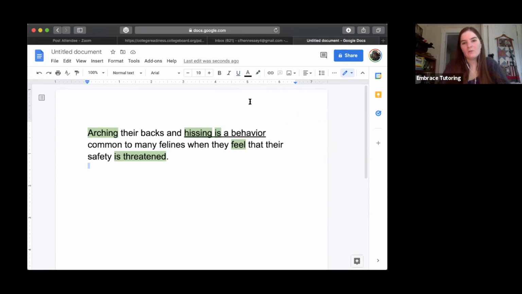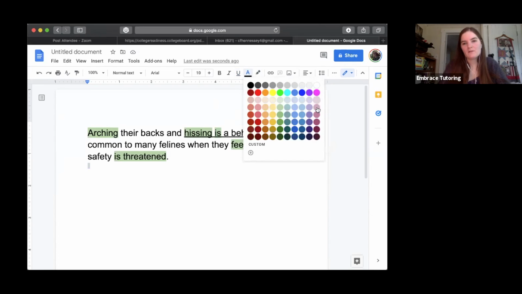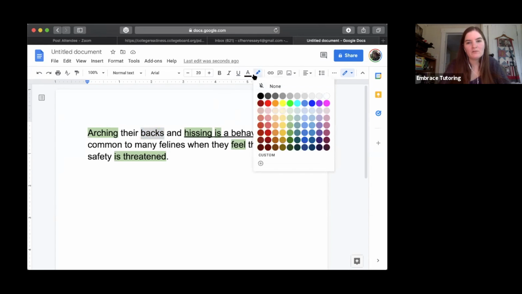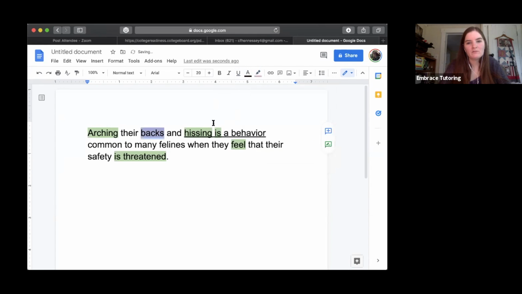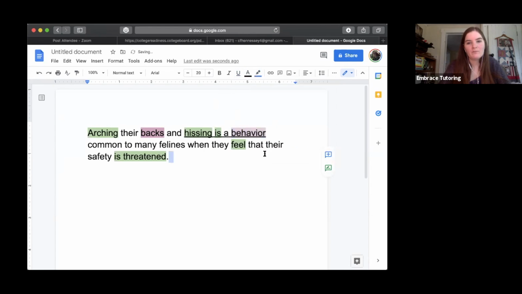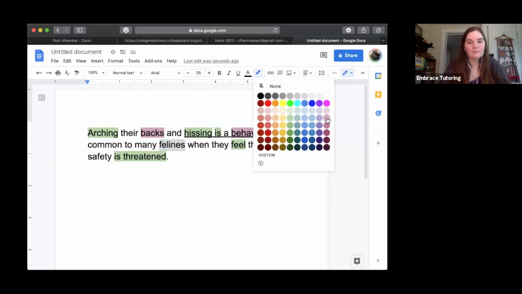Let's figure out where the subjects are too. Subjects are where we have nouns. So this is a noun, right? Behavior is a noun. I'm going to make it the same color. Felines is a noun.